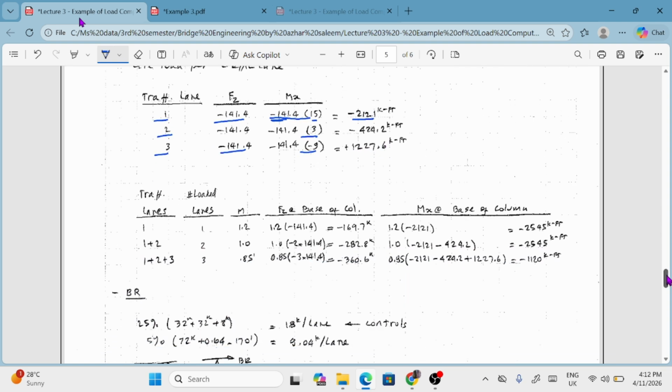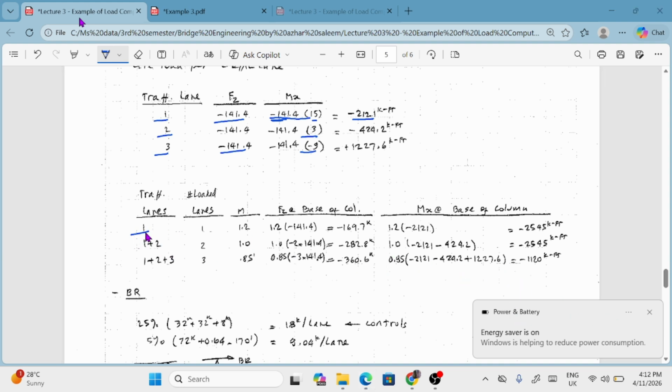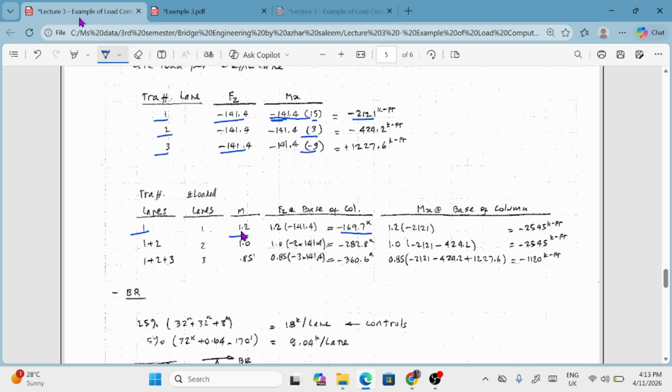Now the traffic load. If I load the bridge with only lane 1, the total load on the base of the pier will be 169.7 kip, as the multiple presence factor is 1.2 for one lane loaded. So 1.2 multiplied by 141.4 is about 169.7.